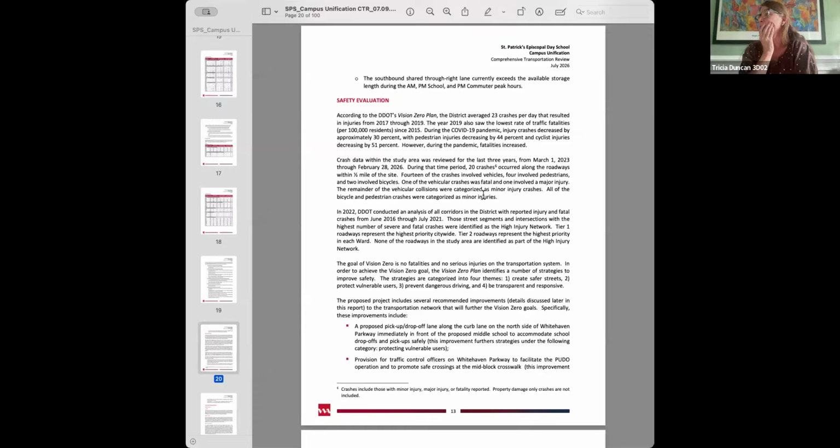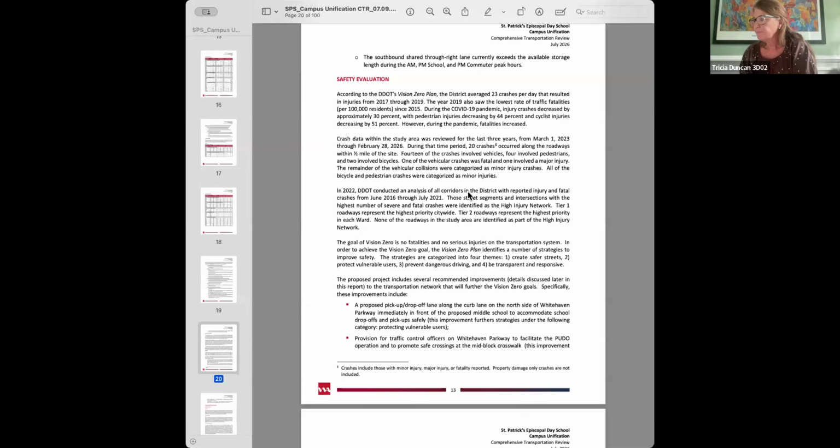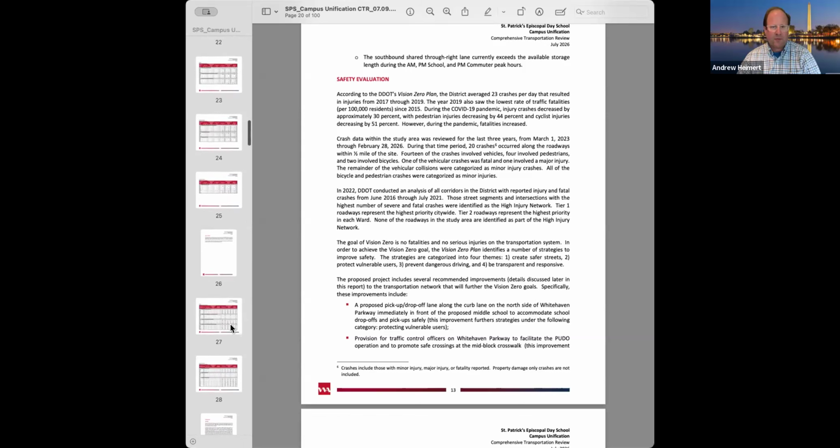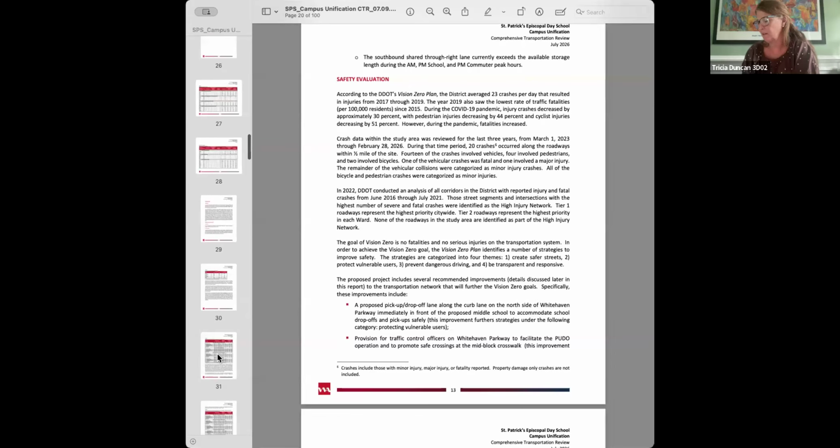Actually, this might be true. There was a pedestrian killed there, but it was on the other side of, it might be outside half a mile of the site. Okay. I think the vehicular crash was the one that the woman late at night ran off the road, drove off the road. Yeah, that was that fatality.